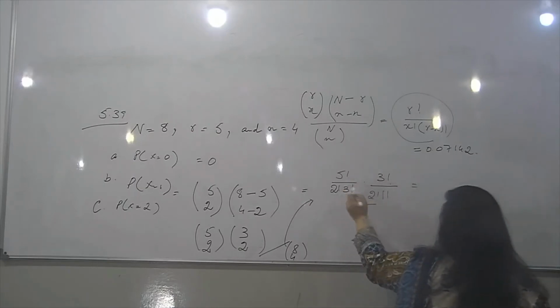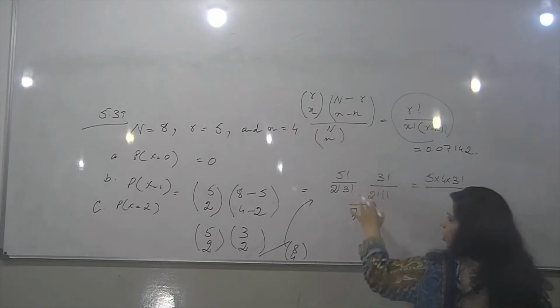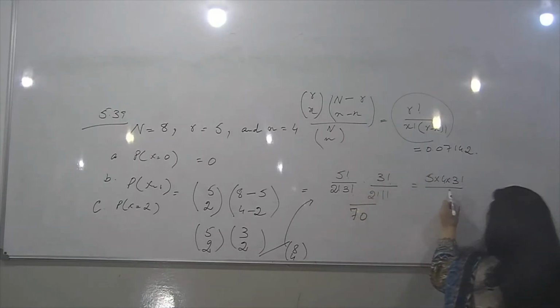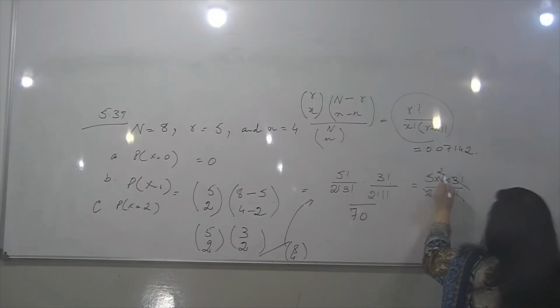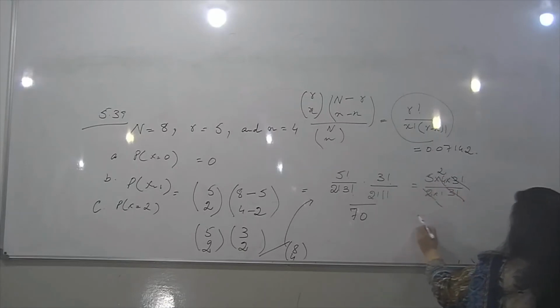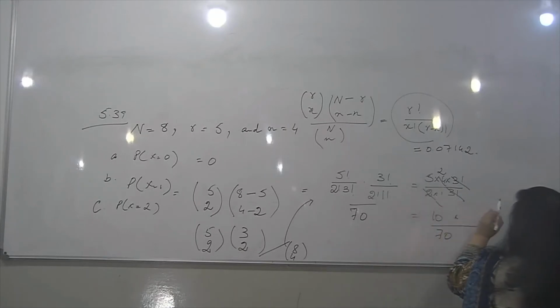Now, for this, if I open it as 5, 4, now I'm going to write 3 factorial instead of the 4 factorial. Now I have 3 factorial, and I'm going to be cancelling it with this 3 factorial. Now we have 2 here as 2 into 1 is just 2. So now we get 10. So I'm going to be writing 10 into something over 70. Now this is 3 factorial over 2.